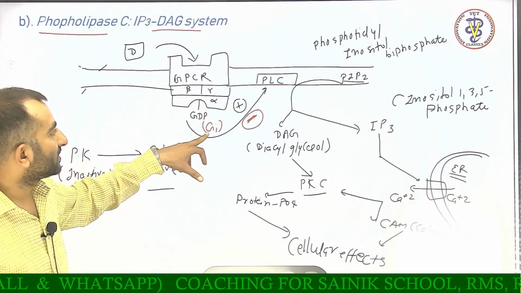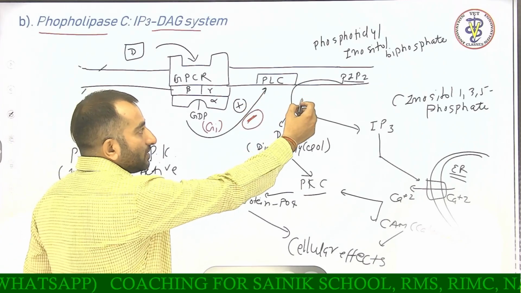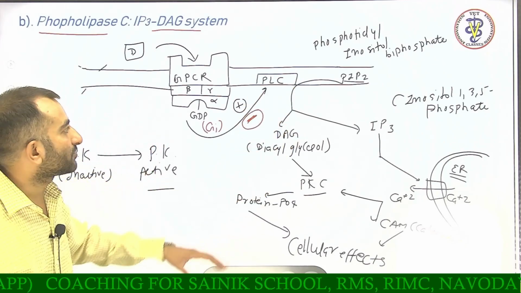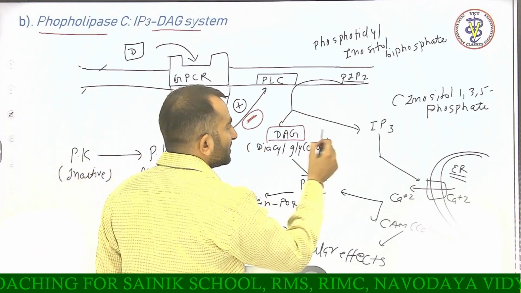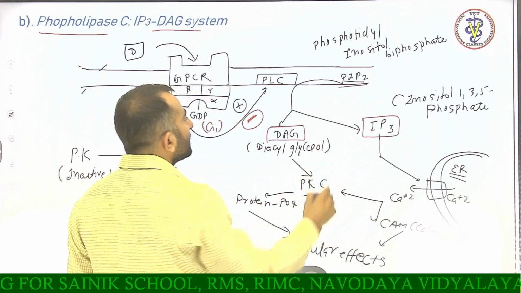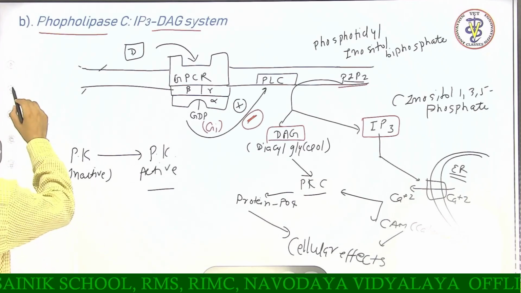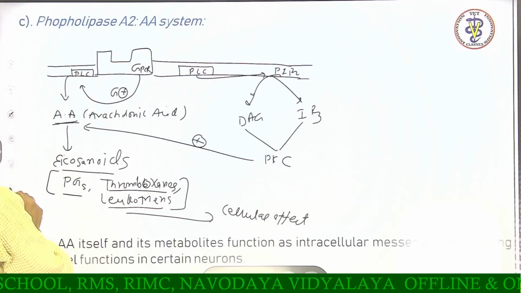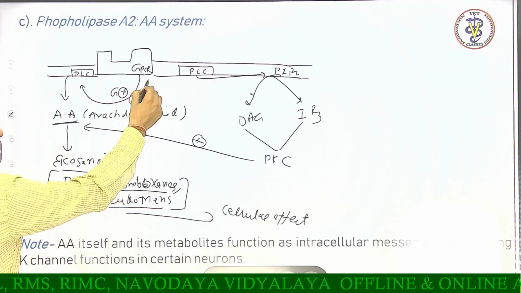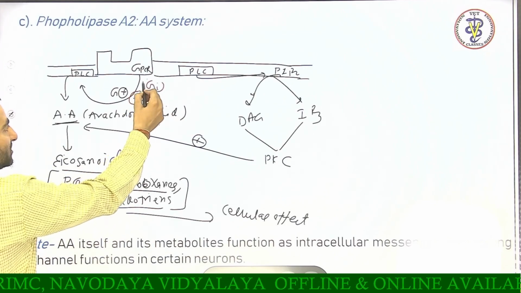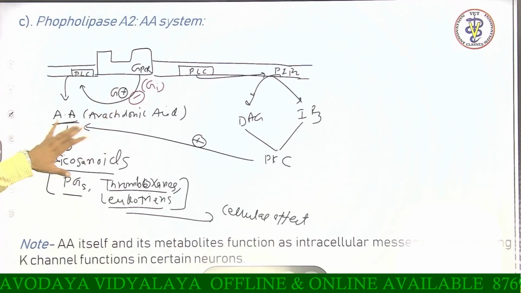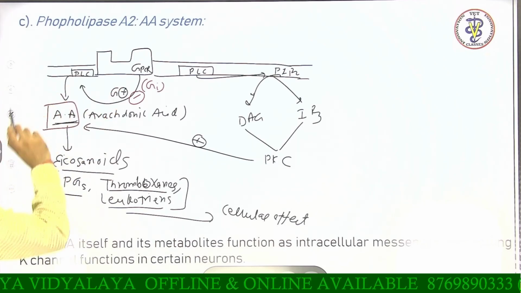If G inhibitory protein is activated, it can stop and decrease the production of these secondary messengers IP3 and DAG from the PIP2. Same in the case here also. If G inhibitory protein is involved, it can also reduce the formation of arachidonic acid from the PLC.